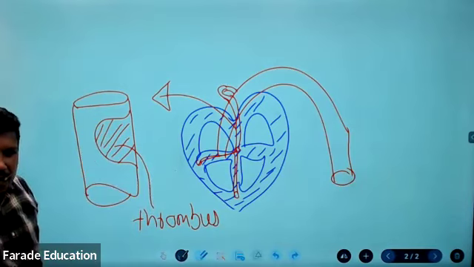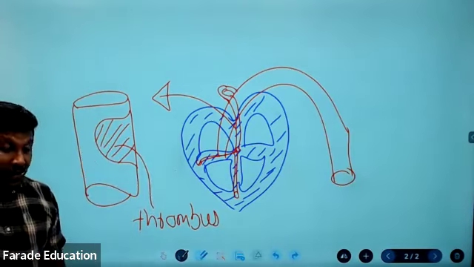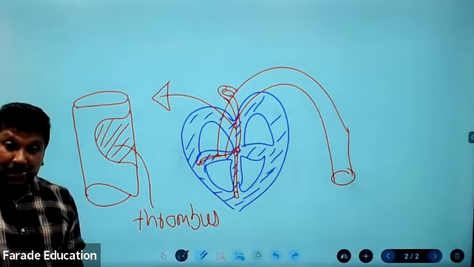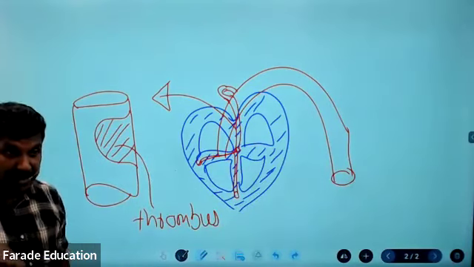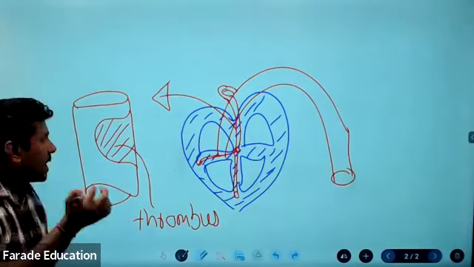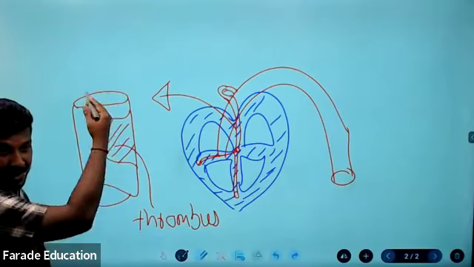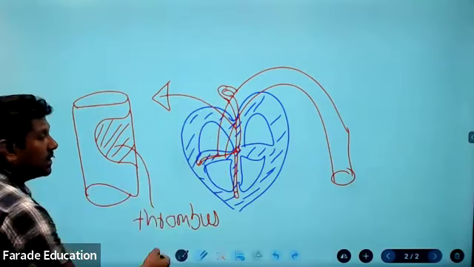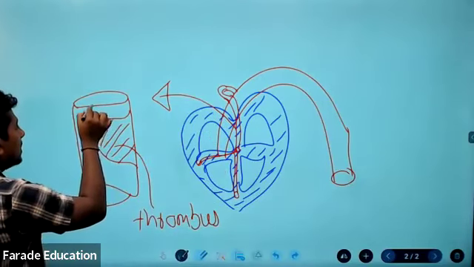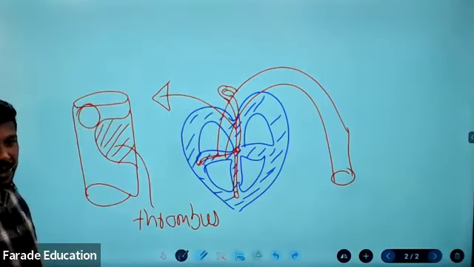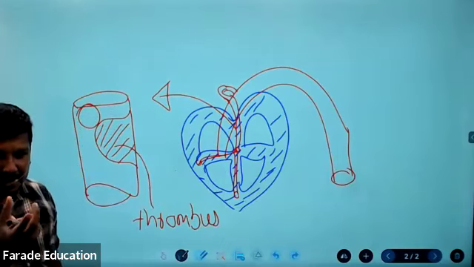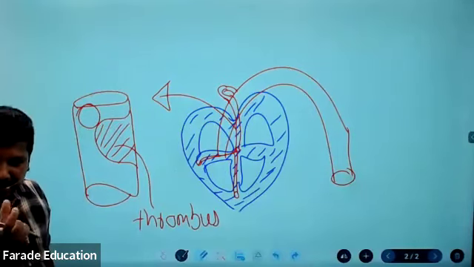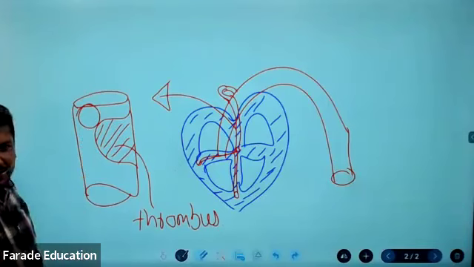Assume that a small clot which originated somewhere else in a distant place in the arterial system gets dislodged and comes through the blood, from the ventricle, from the aorta, and it comes like this. And that very small clot is enough to occlude this one.